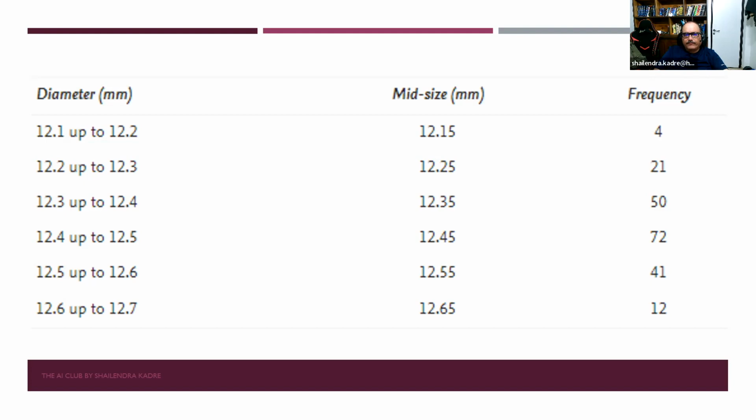So what have we done? The last column is the frequency, which is simply the number of bolts in that range.